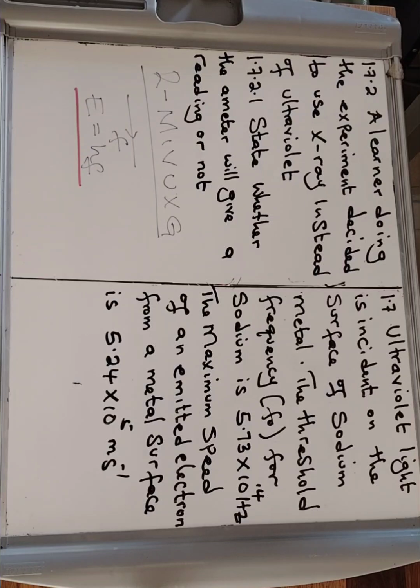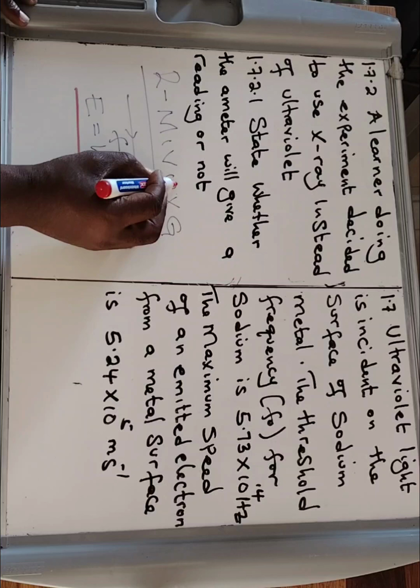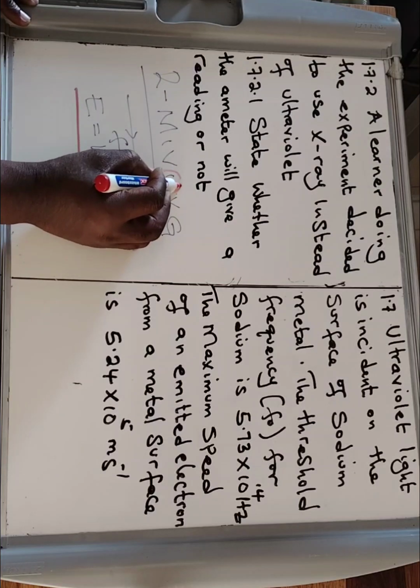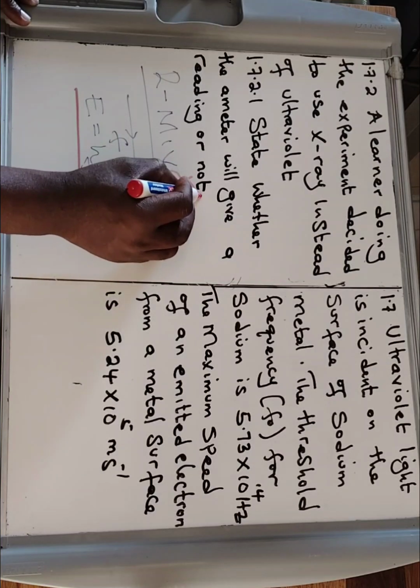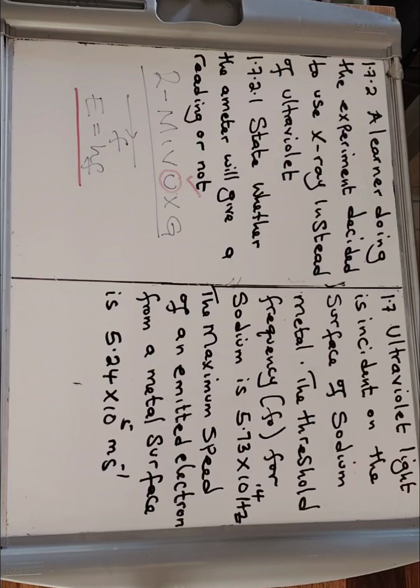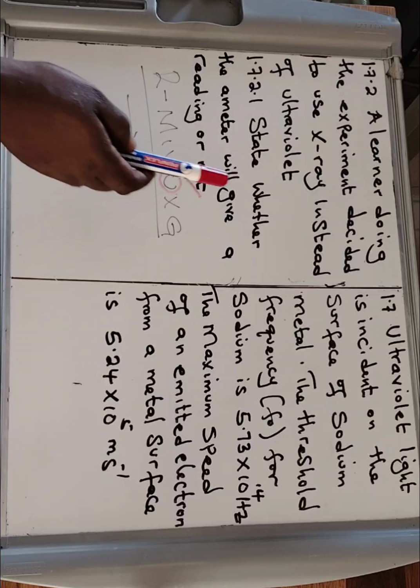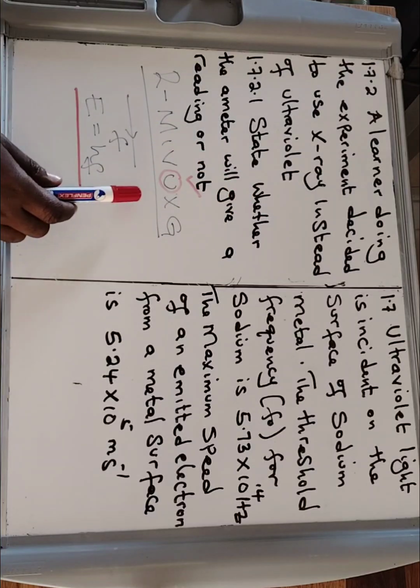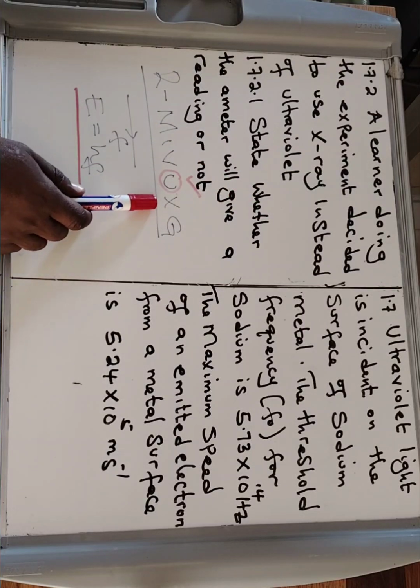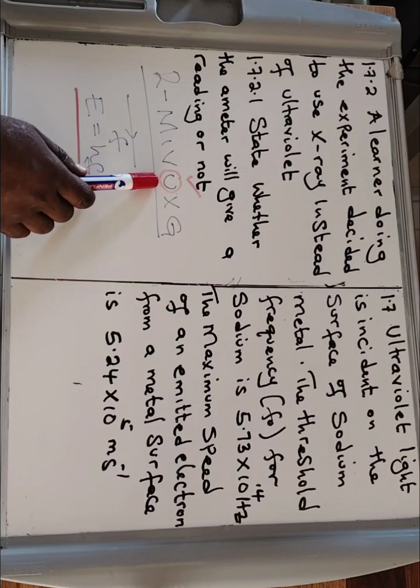the frequency of the incident radiation must be greater than the threshold frequency of the metal. So now, when you look at this scenario, we have ultraviolet. It gave the ammeter reading already. So the change is to X-ray, which has an even higher frequency than ultraviolet.